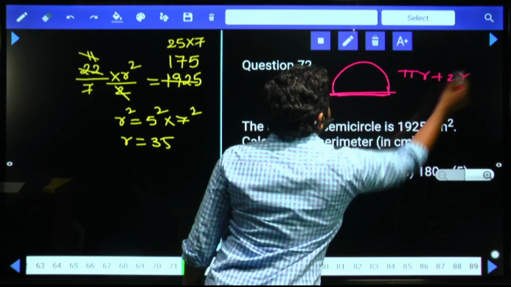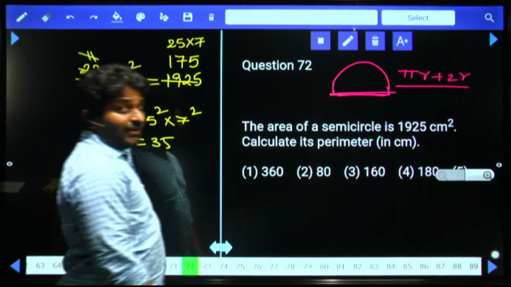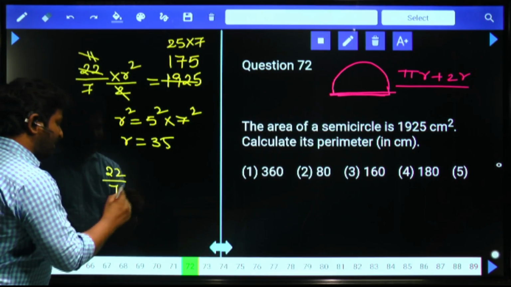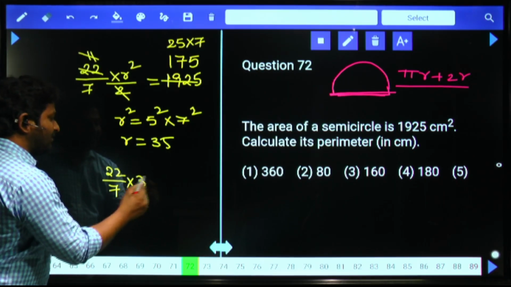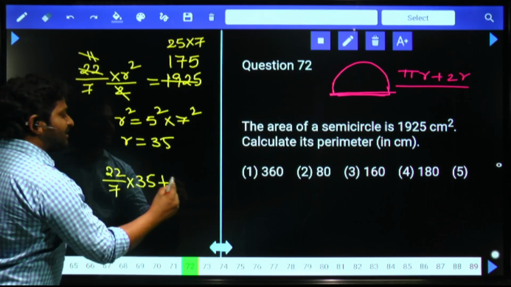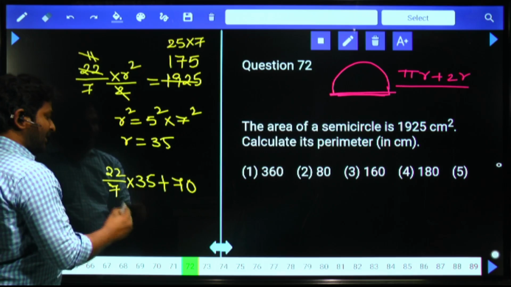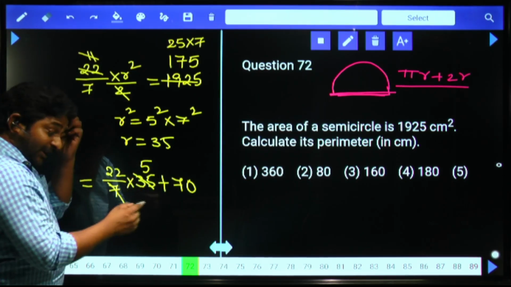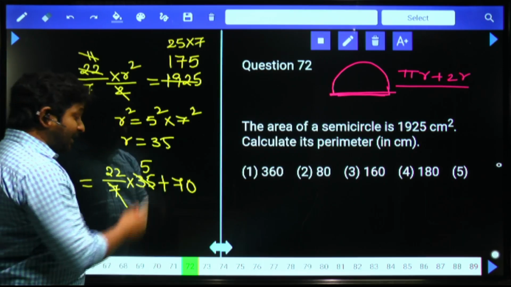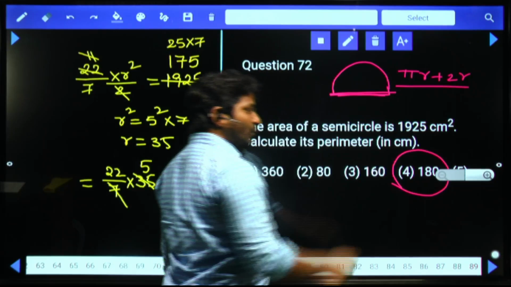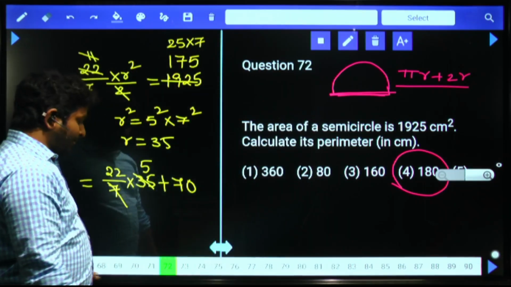So this is the perimeter for a semicircle: pi r, 22 by 7 into r value 35, plus 2r, in the sense 35 plus 35, which is equal to 70. 7 how many times? 5 times. So 22 times 5 is 110. 110 plus 70 is equal to 180. Fourth option answer, 180.